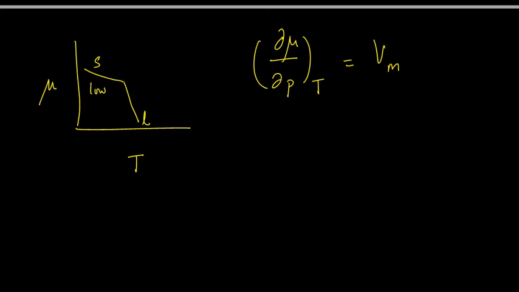So the change in mu at a particular temperature would be large for a liquid and small for a solid. The change is just equal to the molar volume. So if I were to take this up, it would be small for a solid and large for a liquid.